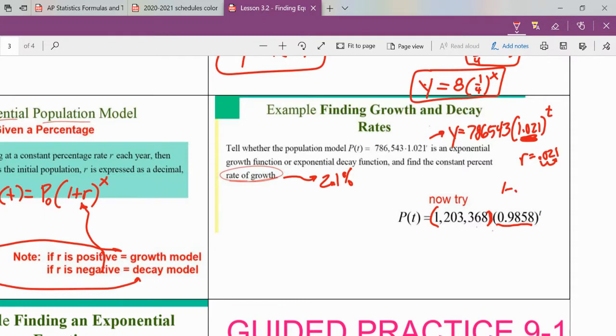I'm going to go 1 minus 0.9858, and I would get 0.0142. That's what I'm subtracting off. As a percent, that's 1.42%. So that is my rate of decay.